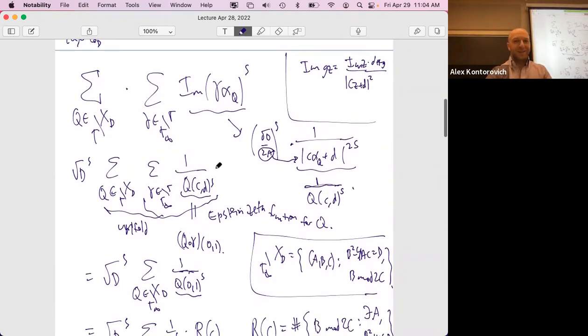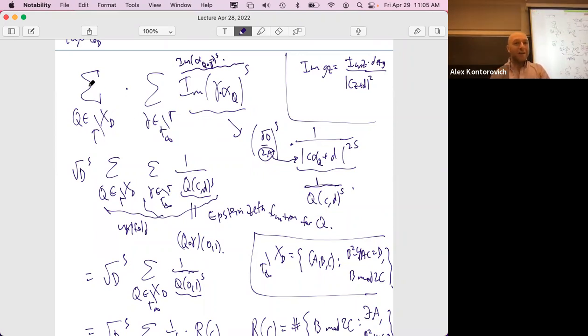Just from this point of view, we could have noticed that this imaginary part is also the imaginary part of alpha. Remember, gamma acting on alpha q is the same as alpha of q composed with, I don't know if it's gamma or gamma transpose or something. Let's just say gamma to the s. Gamma inverse, fine. It has to be because it's on the other side.